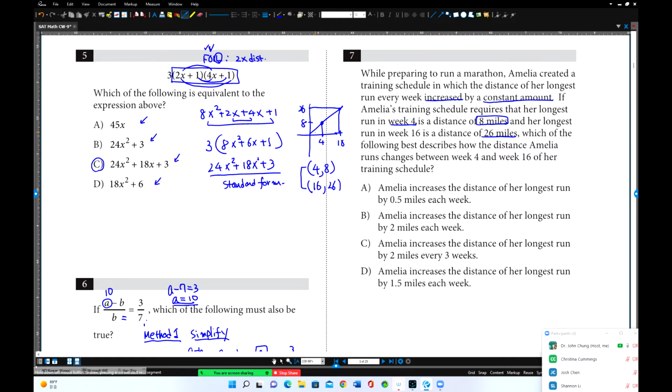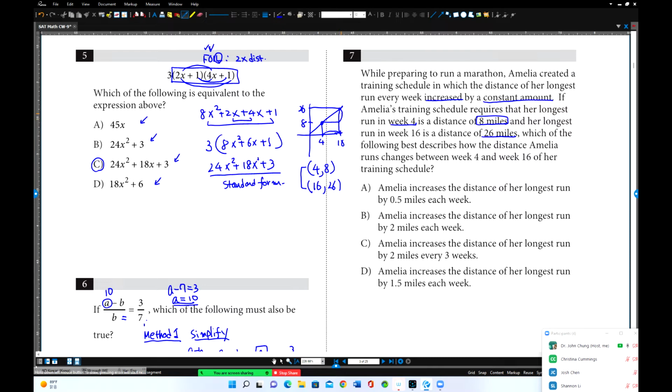But they're asking you what? Changes between 4 and 16 in her training schedule. Changes, what is there? What happened? Per week, they change.